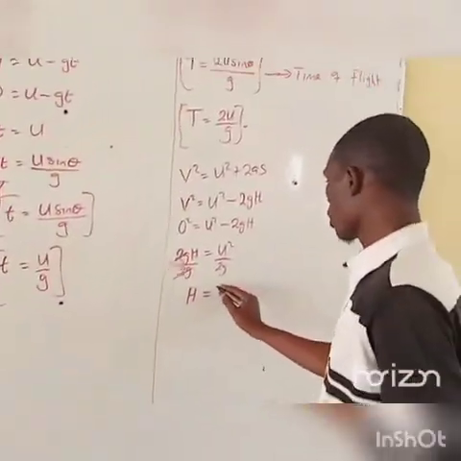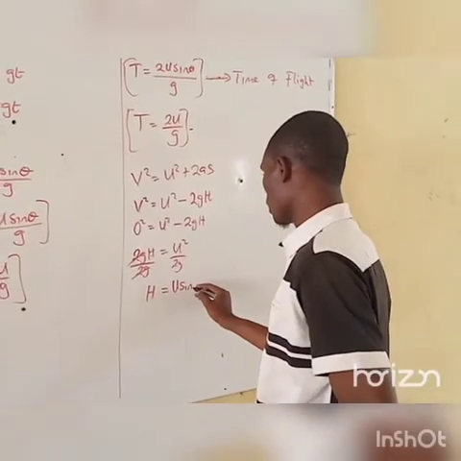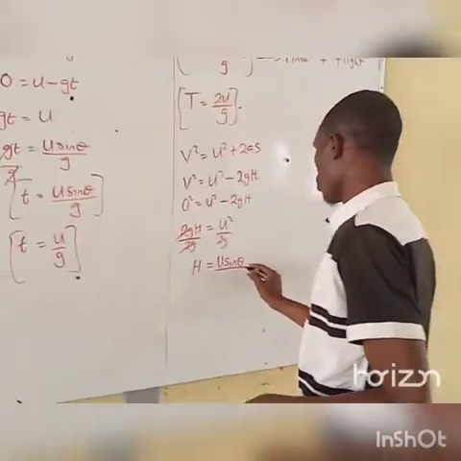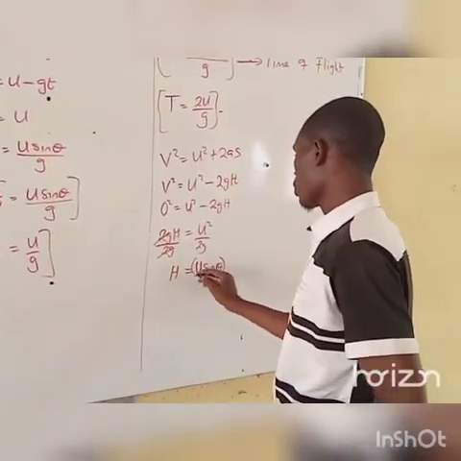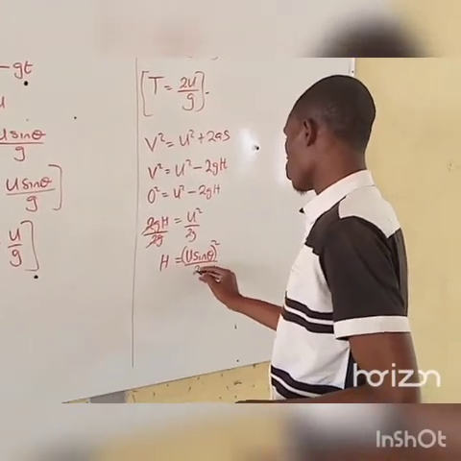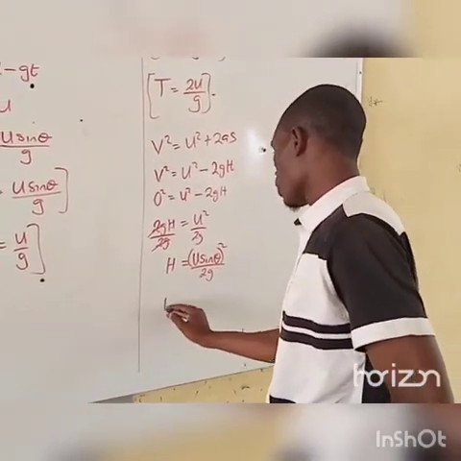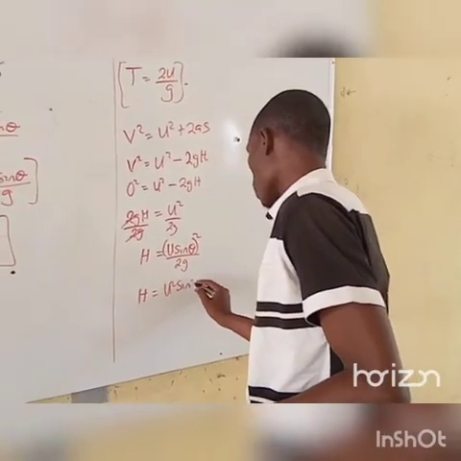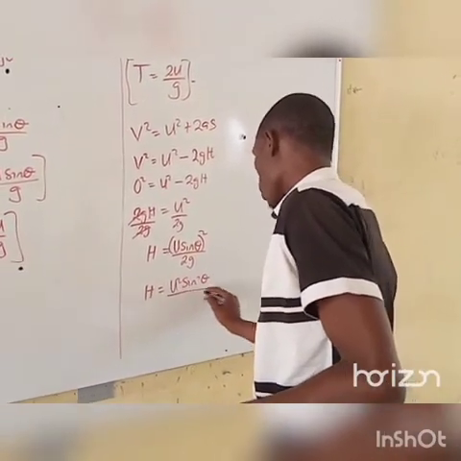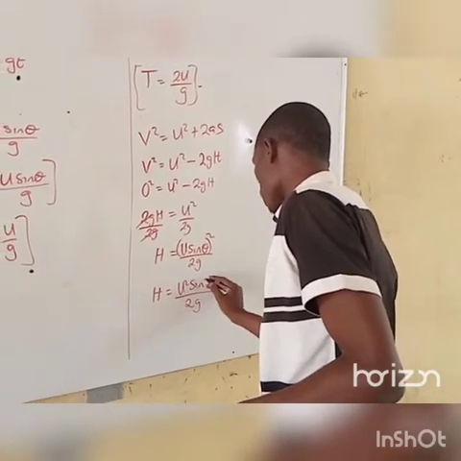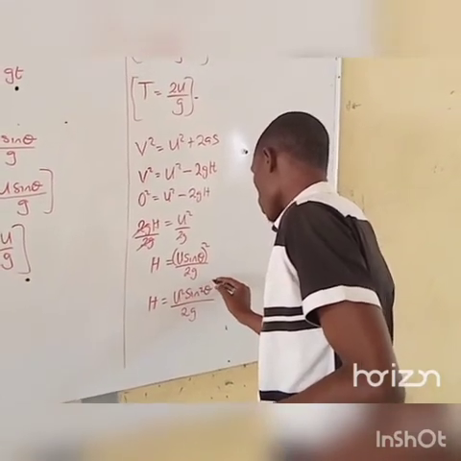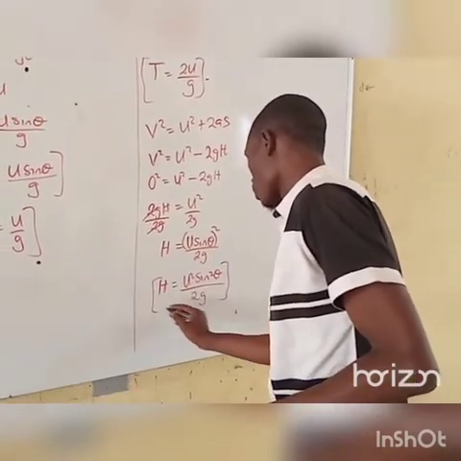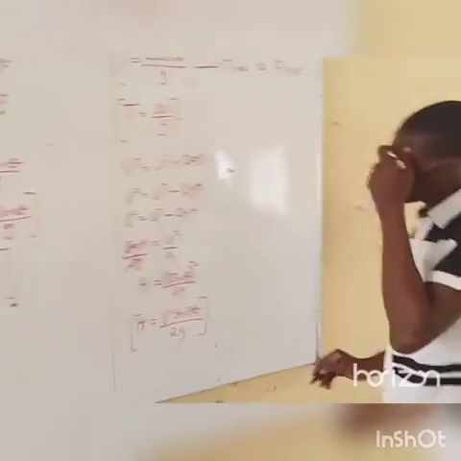So we can say (u sine theta) all square over 2g. So this will give us h is equal to u square sine square theta all over 2g. This is the equation for maximum height.